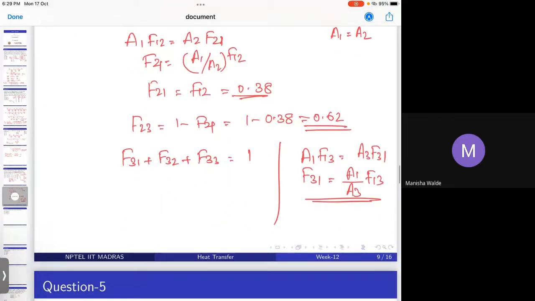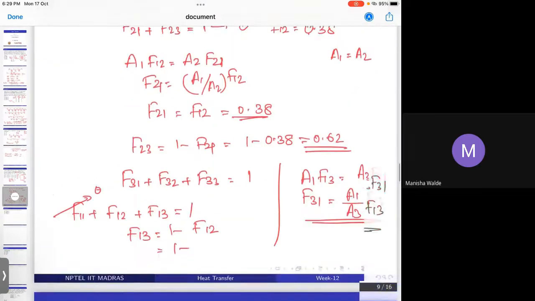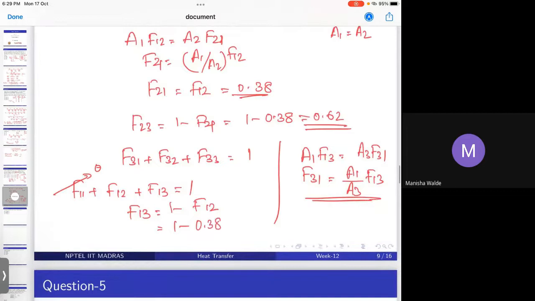But we can write the equation for surface 1: F11 plus F12 plus F13 will be equal to 1. So F11 will be equal to 0. So F13 we know is 1 minus F12. F12 is already given, so we will get 0.62.